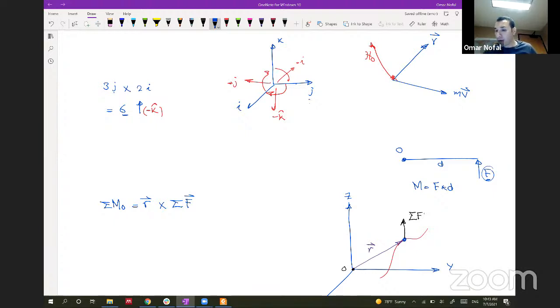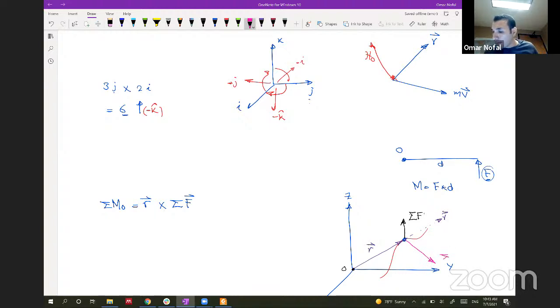If you extend this R, it will be going this way. If you multiply the R vector by the F vector and you curl your hand moving from R to F, your finger will be pointing this way. So the moment will be something like that.